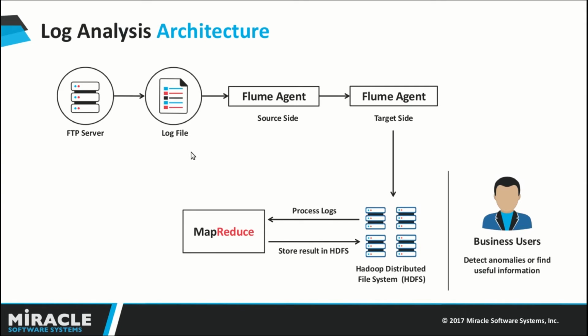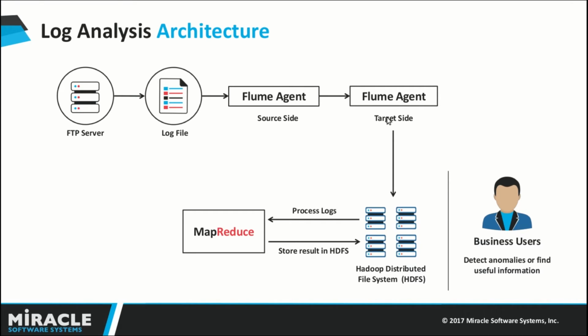This is the architecture for analyzing the logs. The FTP server will be on one machine with the log file on the FTP server side, and the Hadoop distributed file system will be on a different machine. To send the log files from one machine to another, we need two Flume agents, one on each machine. One Flume agent will have an Avro sink, and the other Flume agent will have an Avro source.